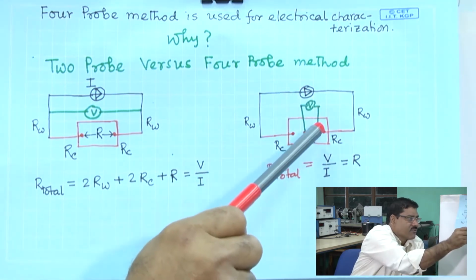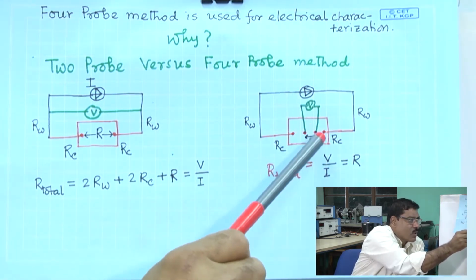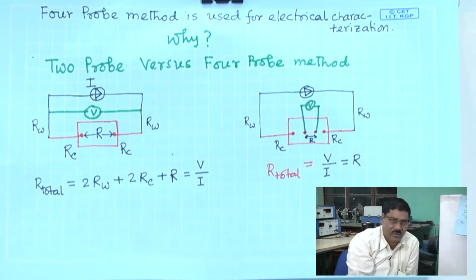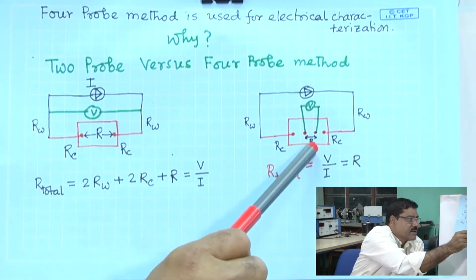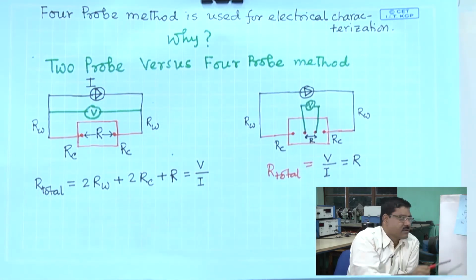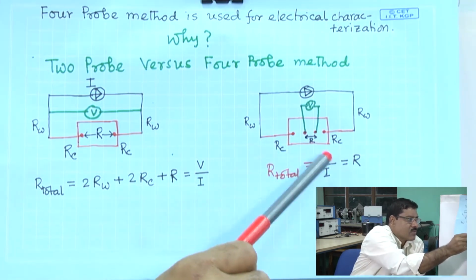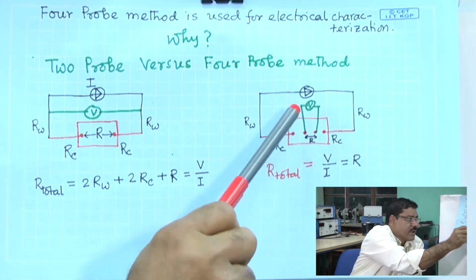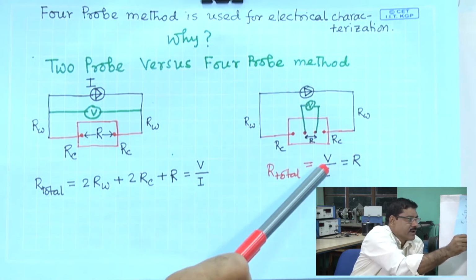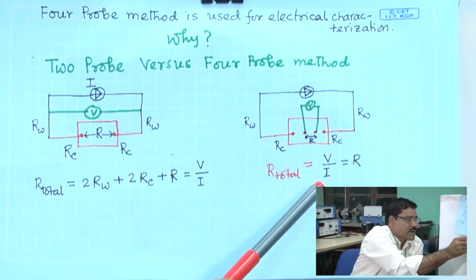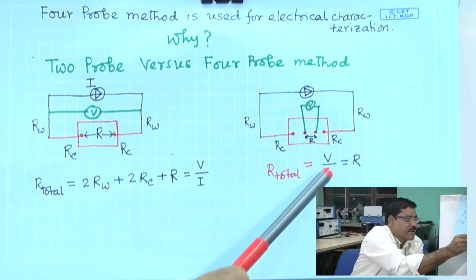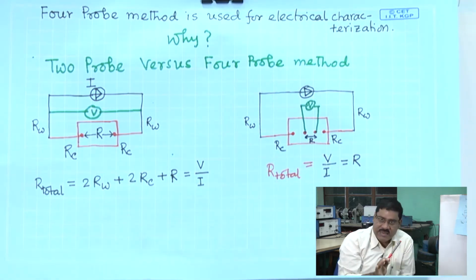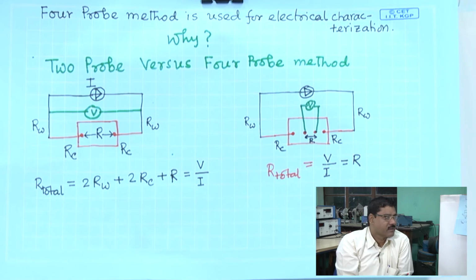So, the voltage drop across the resistance between these 2 points of the sample, that is R. So, you will measure the resistance using this formula, whatever voltmeter reading V you are getting and whatever current I you are getting from your constant current source. So, V by I equal to whatever resistance you get, that is purely sample resistance.